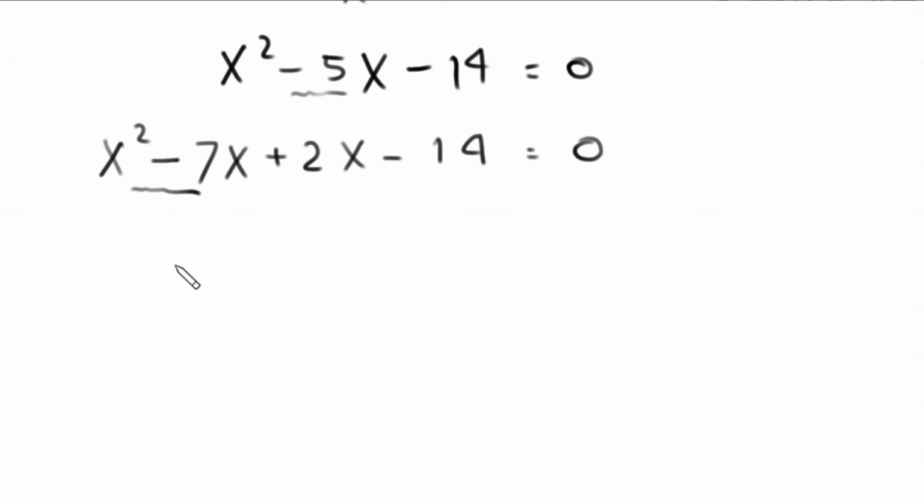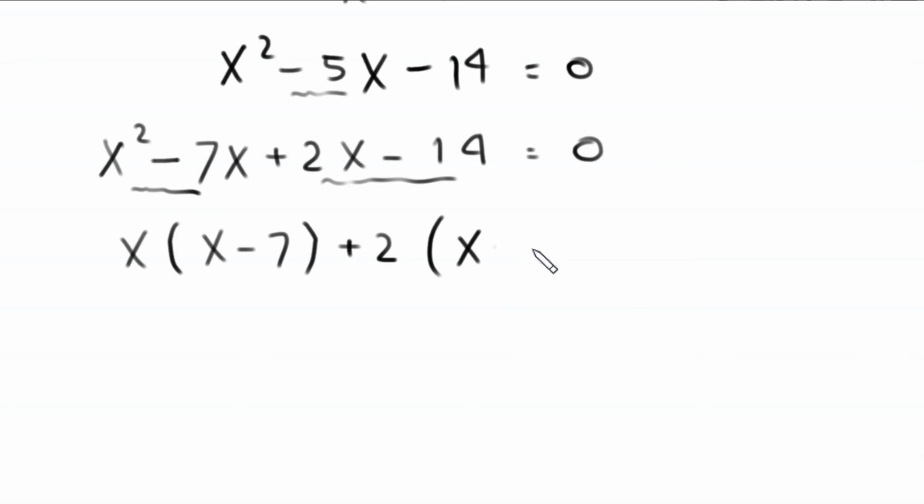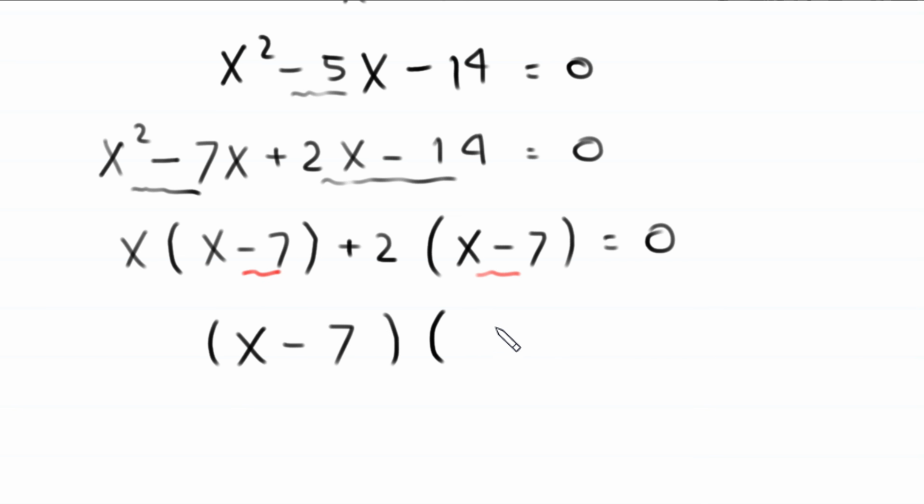From these two terms we can factor out x in bracket left x minus 7, and from these two terms we can factor out plus 2 in bracket left x minus 7 equal to 0. This x minus 7 is a common factor, so we factor out this x minus 7, and in bracket left x plus 2 equal to 0.